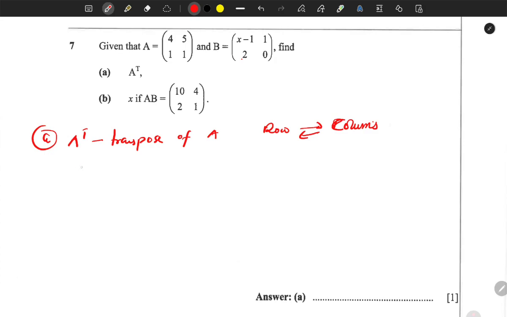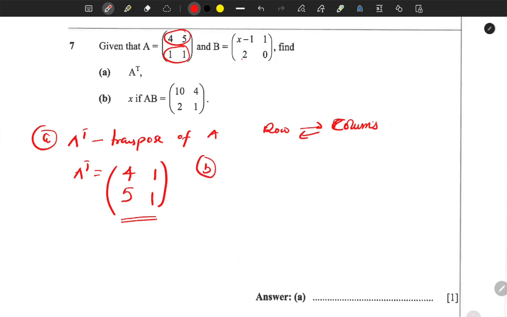So A transpose is this row, make it a column: 4, 5. This row, make it a column: 1, 1. That's all, nothing else.